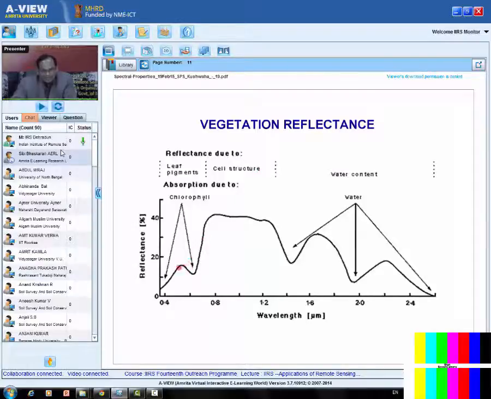And you will see a mild, not so steep peak, then the absorption or trough, then very high reflection in near infrared region, and of course near about 1.4 and 1.9 microns, there are two troughs which are related to absorption of water. So those who are interested in duration or potential evapotranspiration are advised to use this portion of the electromagnetic spectrum, or the imagery generated in these bands, middle infrared.